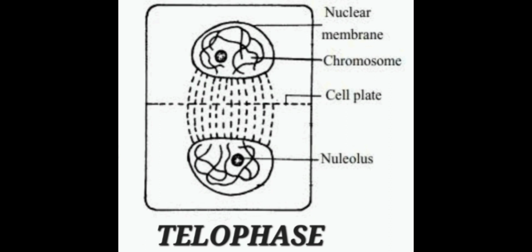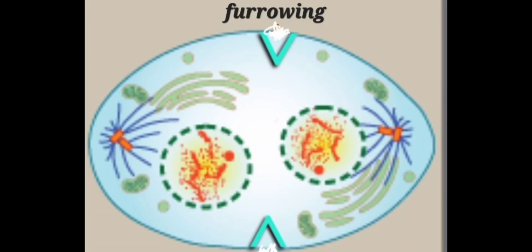Here, the mitotic spindle breaks down. Mitotic spindles are depolymerized into tubulin monomers. These tubulins assemble cytoskeleton components of each daughter cell that will arise.